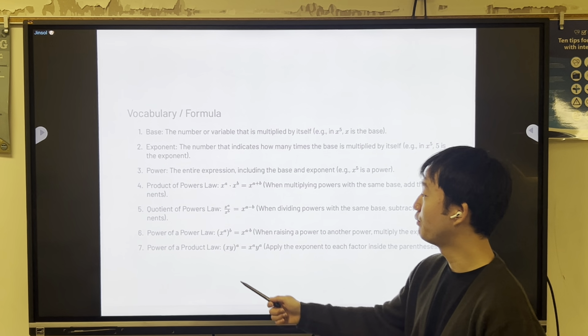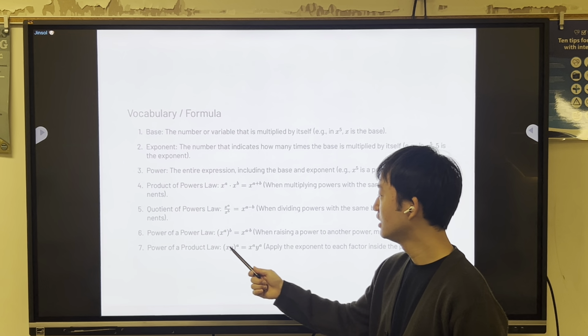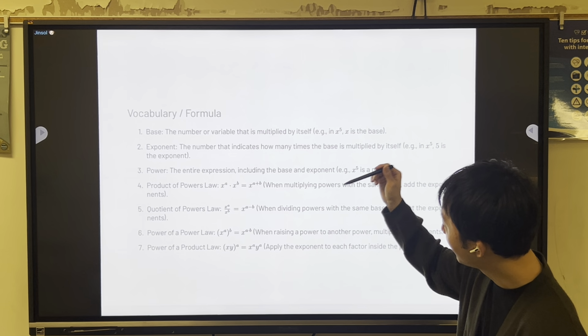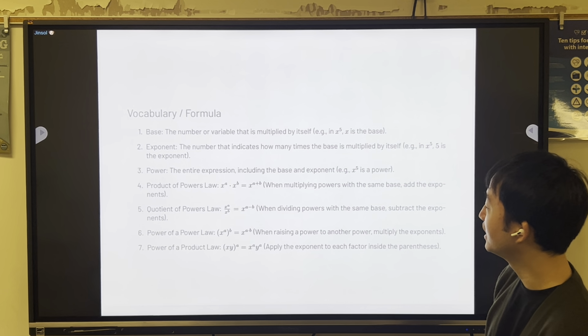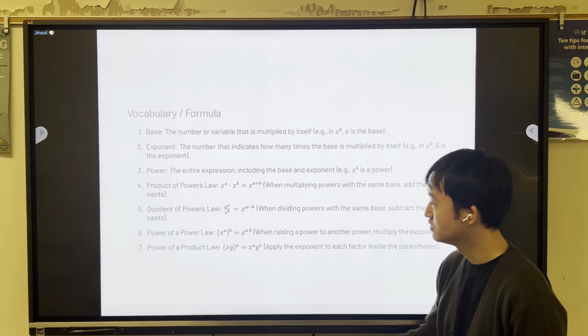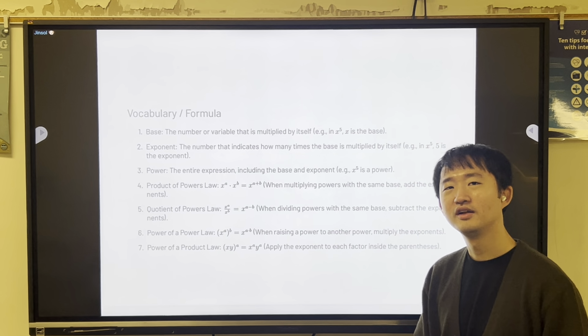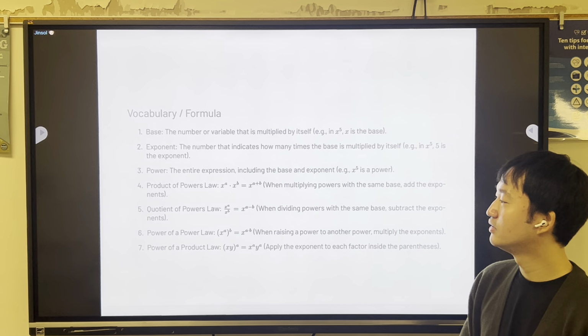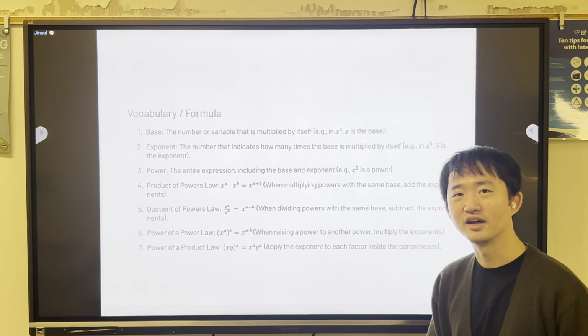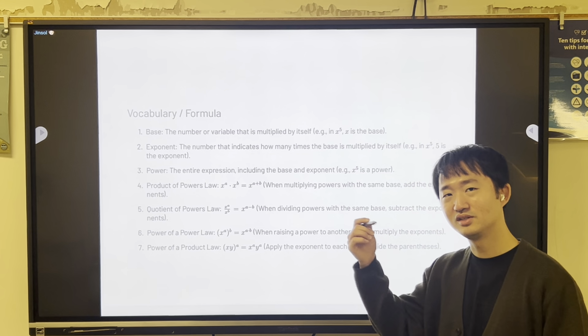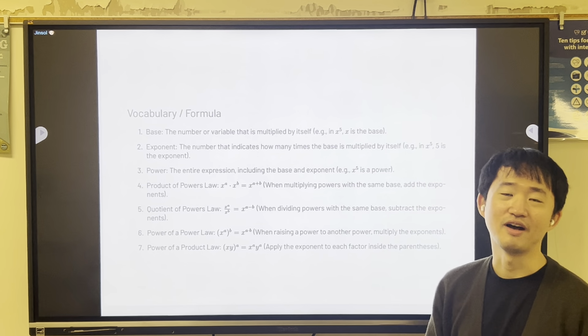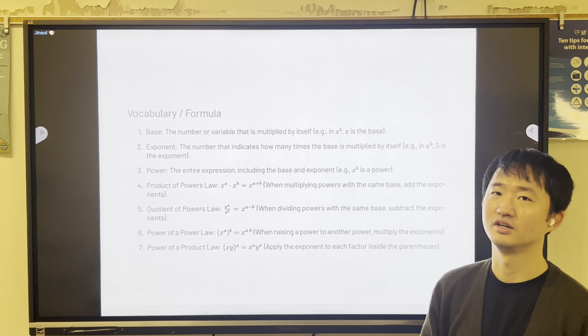And finally, the power of a product law: we apply the exponent to each factor inside the parentheses, so you see that a is distributed to x and y. There's one more as well, the power of a quotient. Same thing as the power of a product, the power is distributed to each factor in the numerator and the denominator.